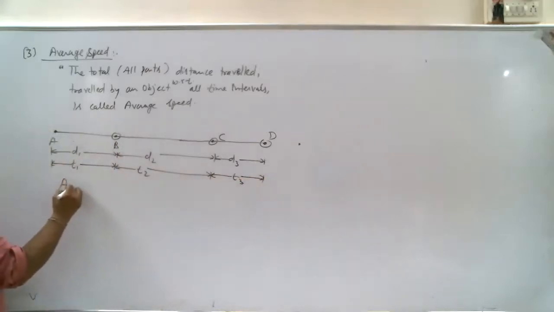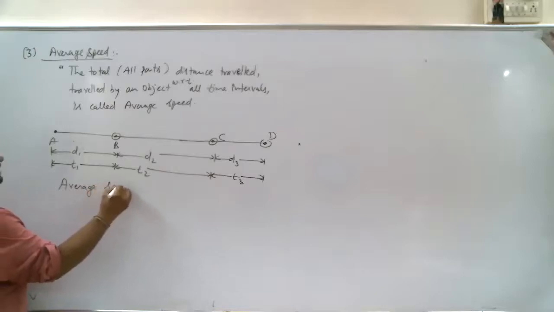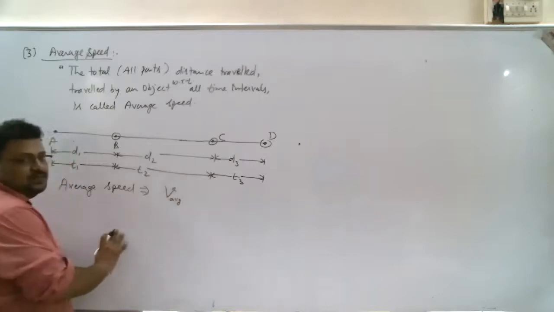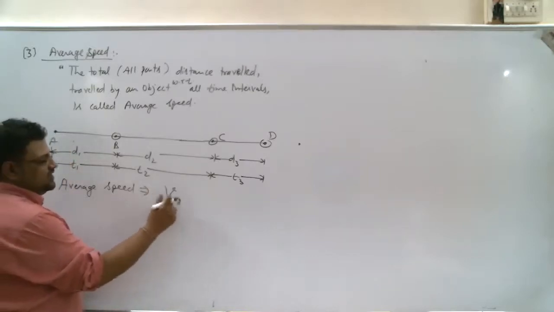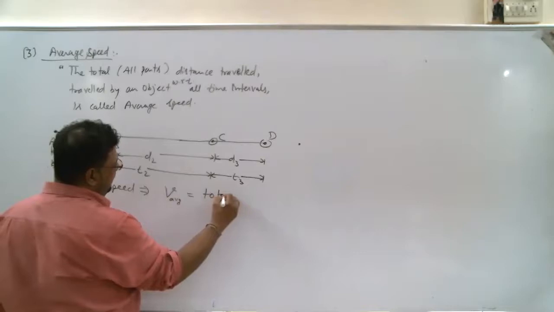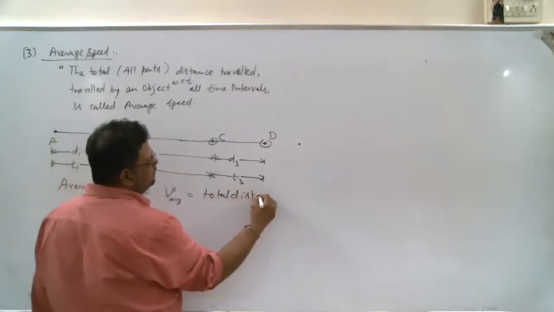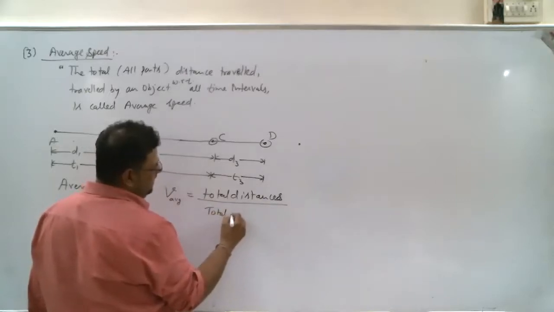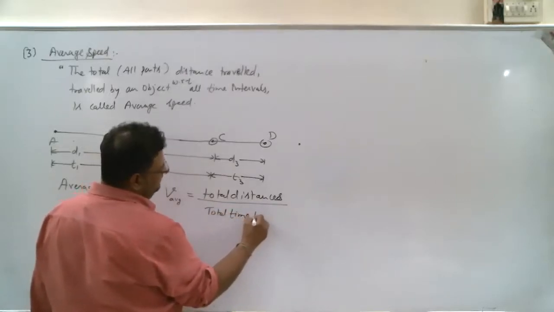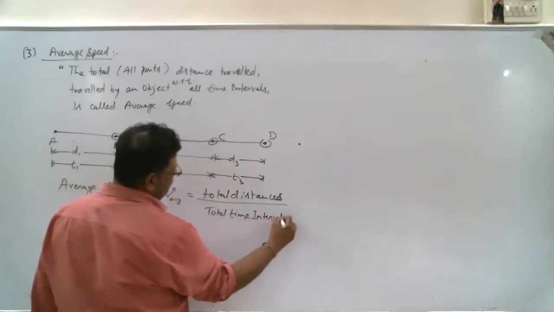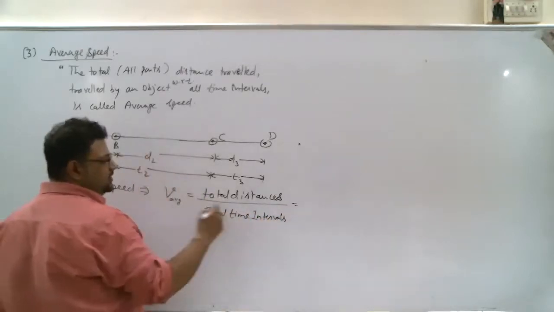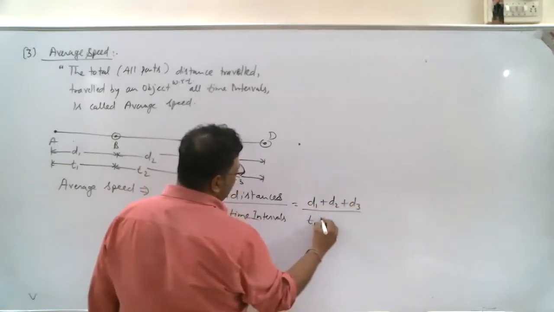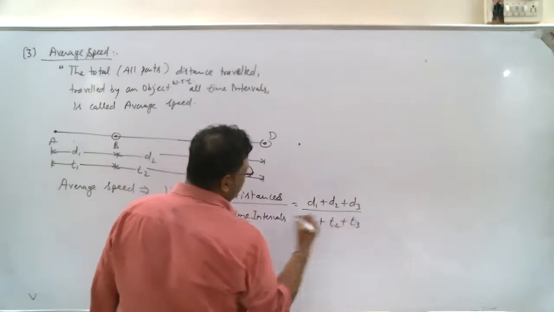Then the average speed will be given by the symbol, I prefer V_avg. V in suffix avg, average, is equal to total distance upon total time interval. Always learn this formula in words. So what is the total distance traveled by the object? d1 plus d2 plus d3 upon time interval t1 plus t2 plus t3.